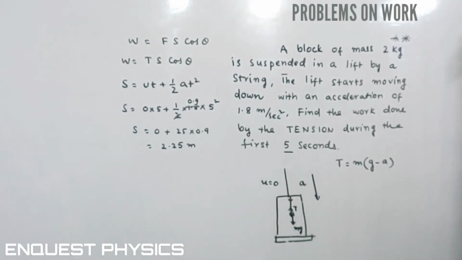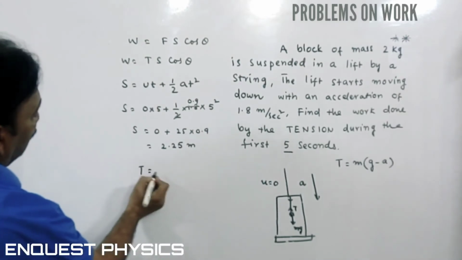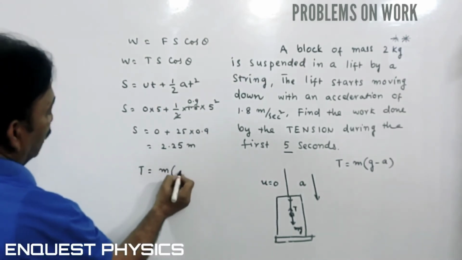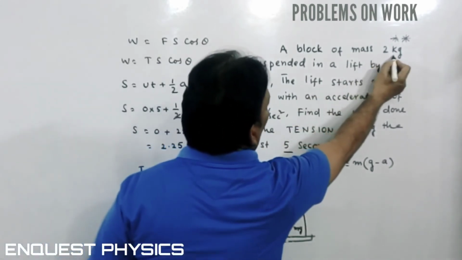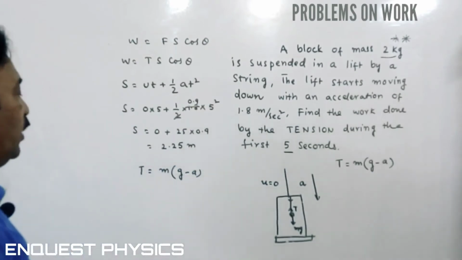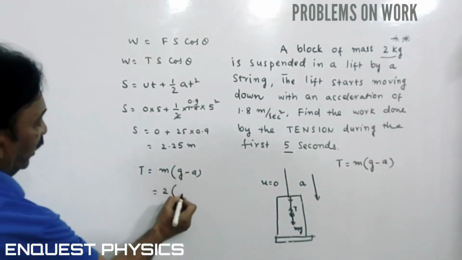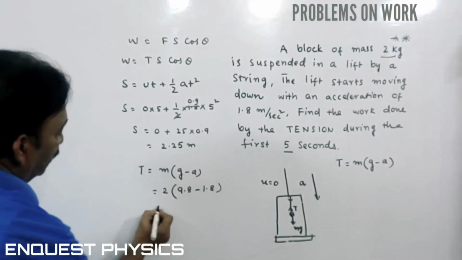Then we have to find out the magnitude of the tension. T is equal to m of g minus a. The mass of the block is given, it is 2 kg. We are taking g as 9.8 here, minus 1.8.